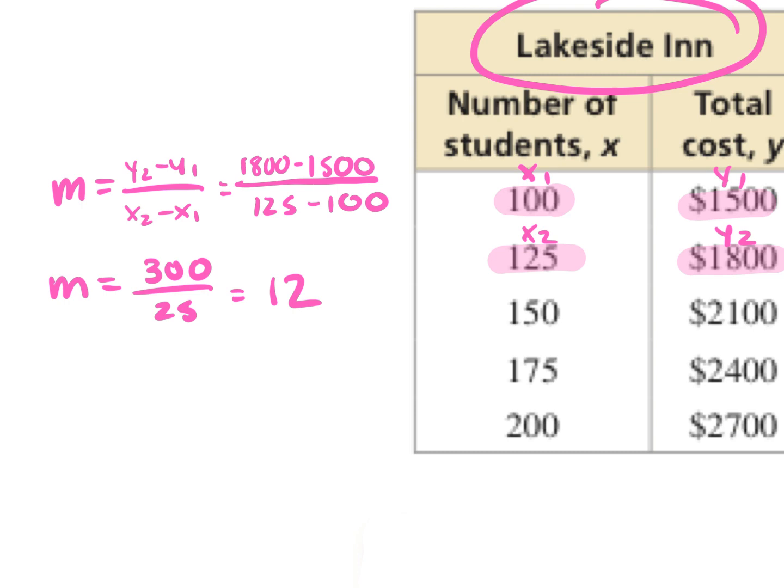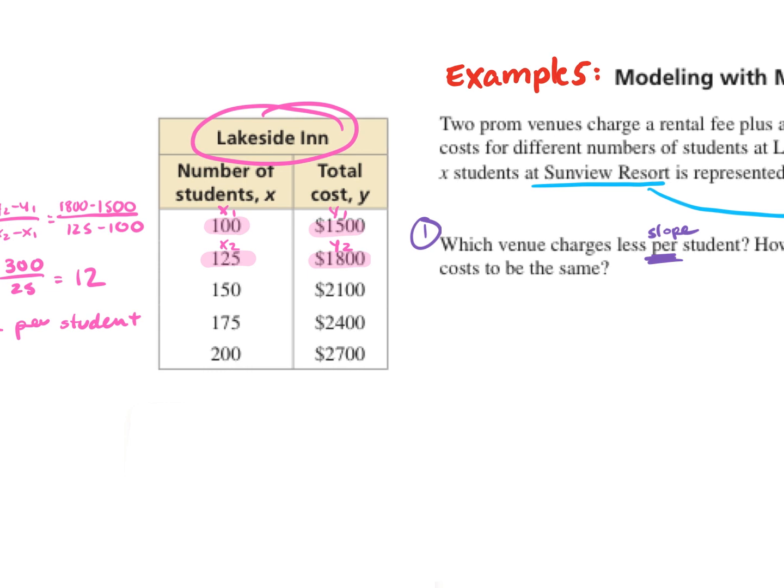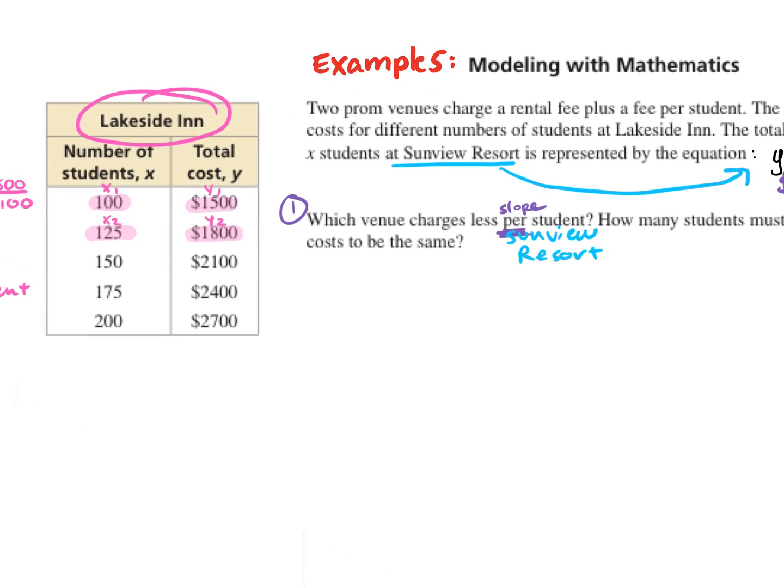So our slope is 12. So here it's going to be $12 per student. So which venue charges less per student? Sunview Resort. So less per student would be Sunview Resort, because we said Sunview Resort charged $10 per student.